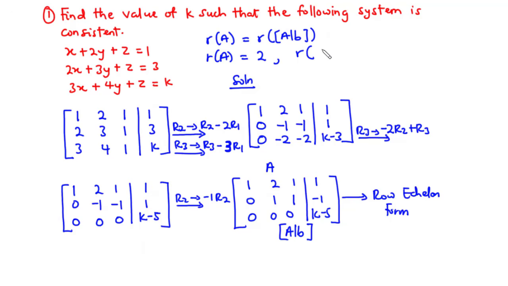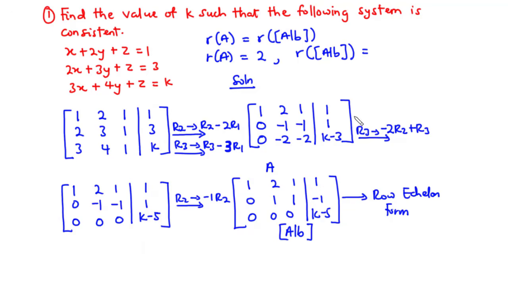Now what do you think will be the rank of the augmented matrix AB? So we are going to focus on the whole matrix. We have this to be the first non-zero row, the second non-zero row, and then the third non-zero row.